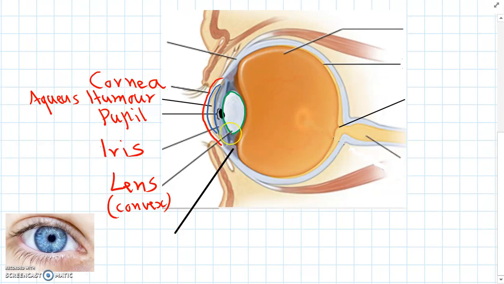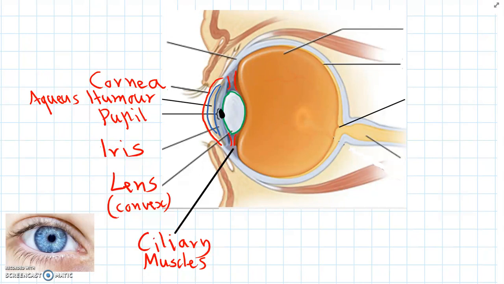Then connecting to both sides of the lens, we've got some muscles, and they can stretch the lens to make it narrower or wider. And these muscles are called the ciliary muscles.